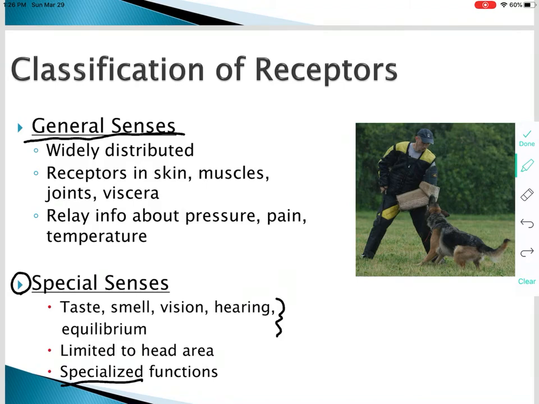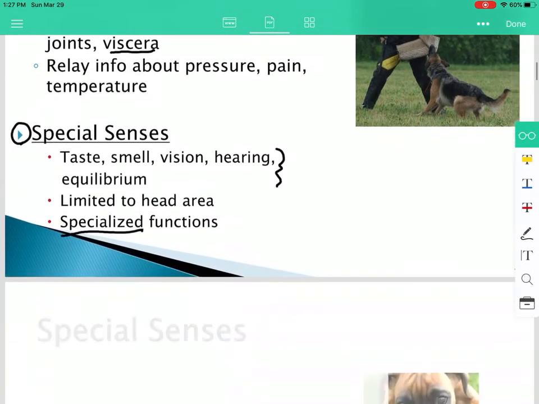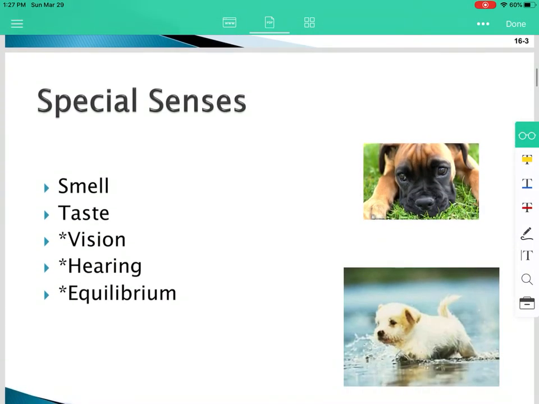So you think about specialized nerve endings, especially in the skin, muscles, joints. We also have specialized nerve endings in the viscera or our inner organs, for example, lining the stomach or in the kidney. And these are constantly sensing information about certain things, pressure, pain, temperature. So we always have these going on. But this lab is about the special senses specifically.